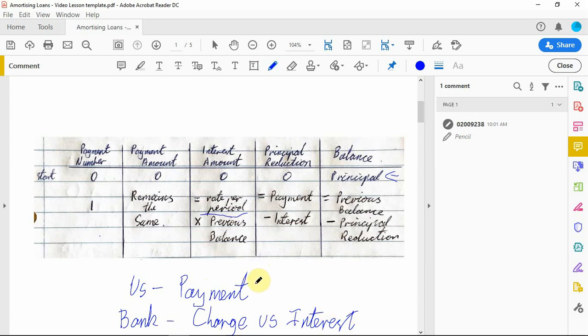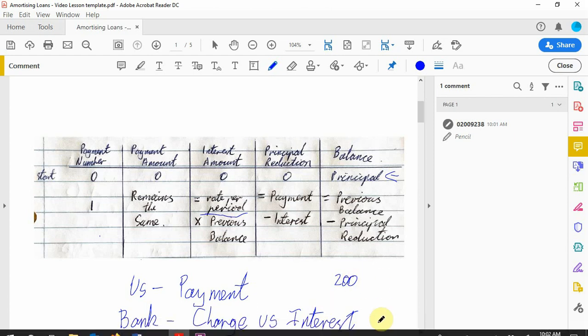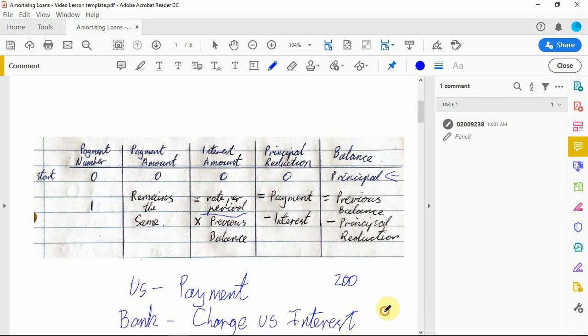So even though we may have paid, say for example, $200 in our payment, the bank might charge us, say for example, $5 interest. So our principal is actually not going to change by that 200, but by the 200 minus the 5, our principal is only going to go down by $195.